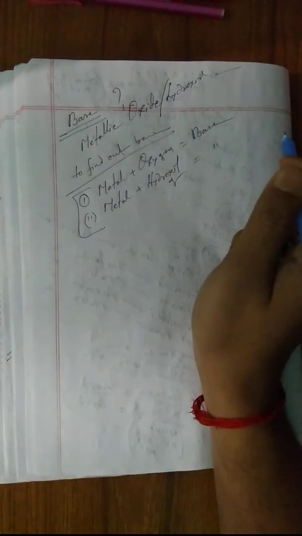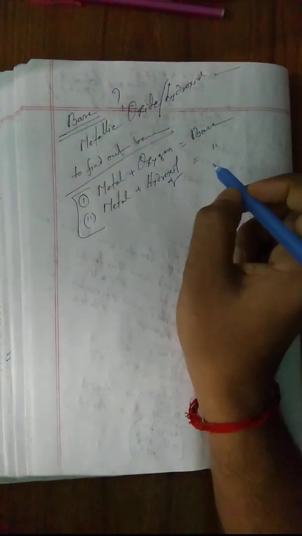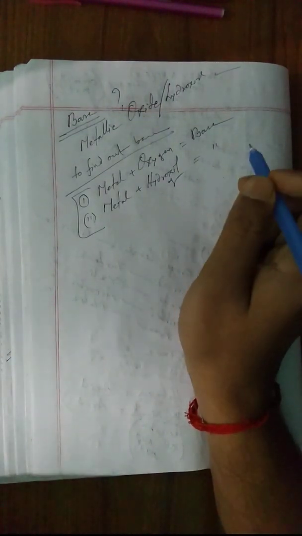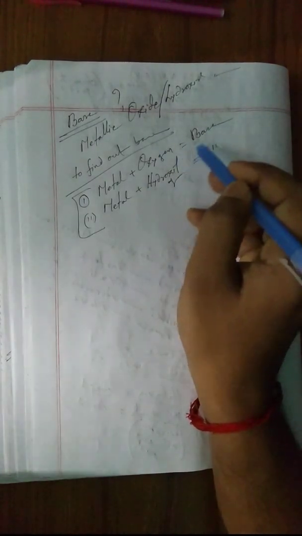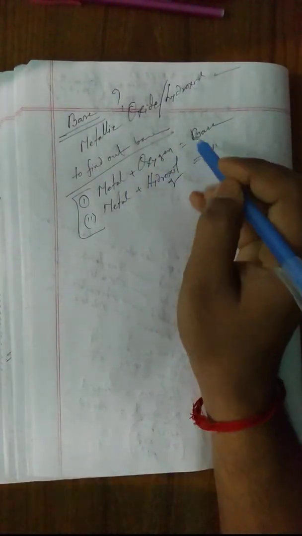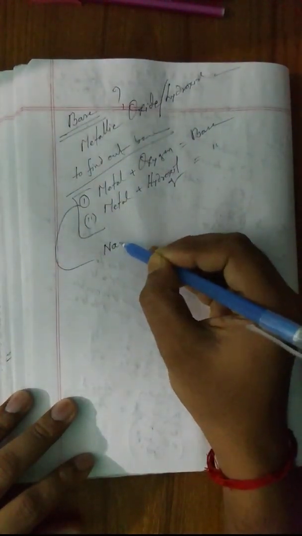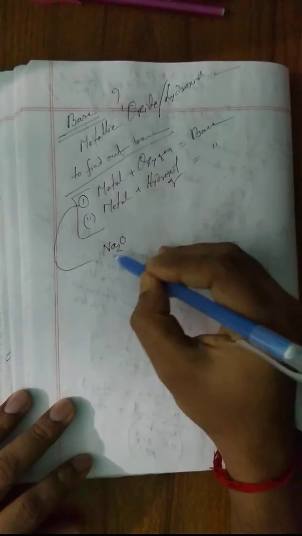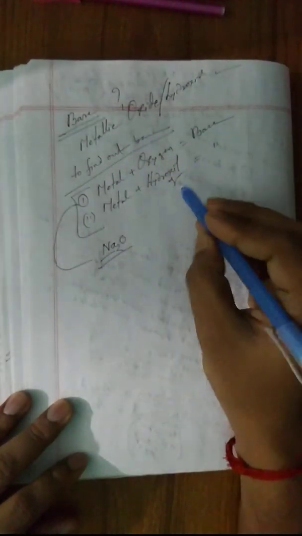So these two rules will help us find out a base. Metal plus oxygen, for example, Na2O, sodium metal and oxygen, so this is base.